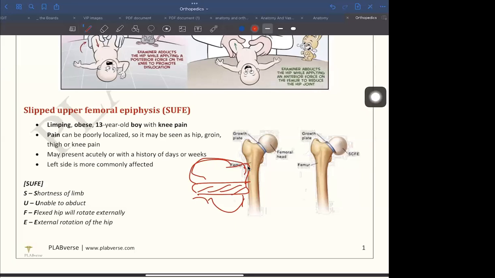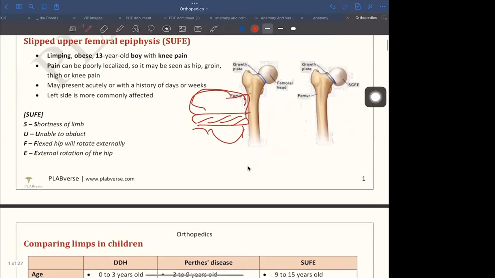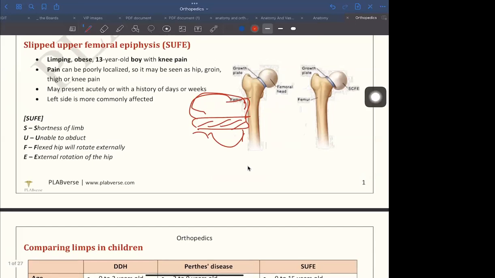So you will be presented with pain and limping, and there will be shortness of this side, and you're unable to abduct your limb, and the hip will be slightly flexed and externally rotated. It's exactly like a neck of femur fracture, and external rotation of the hip is very painful as well. Okay, so this is basically slipped upper femoral epiphysis.